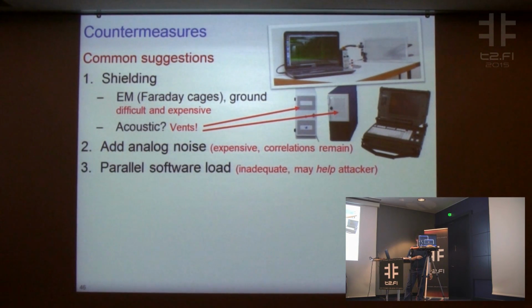Another common suggestion is, instead of generating analog noise in hardware, to write software which will generate noise and run in parallel to the decryption. But this doesn't work, at least without very careful calibration. During this talk I demonstrated leakage and even key extraction on these machines, which run full Windows XP without disabling any of the default tasks.